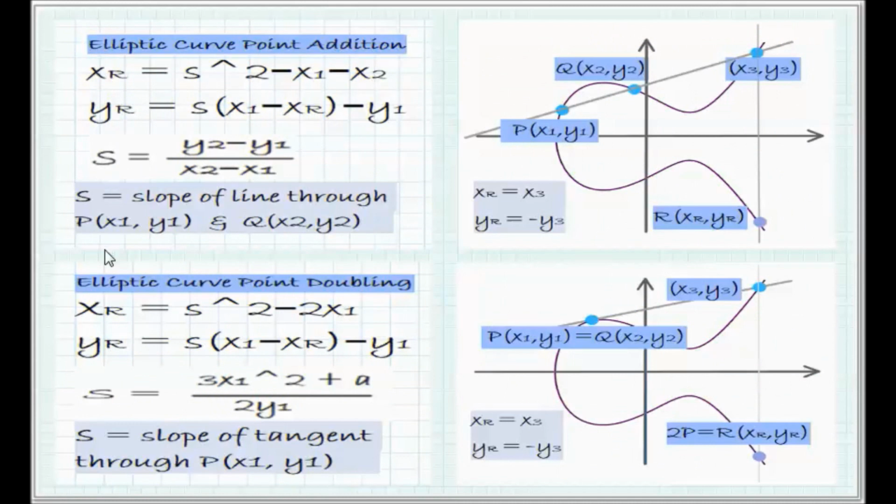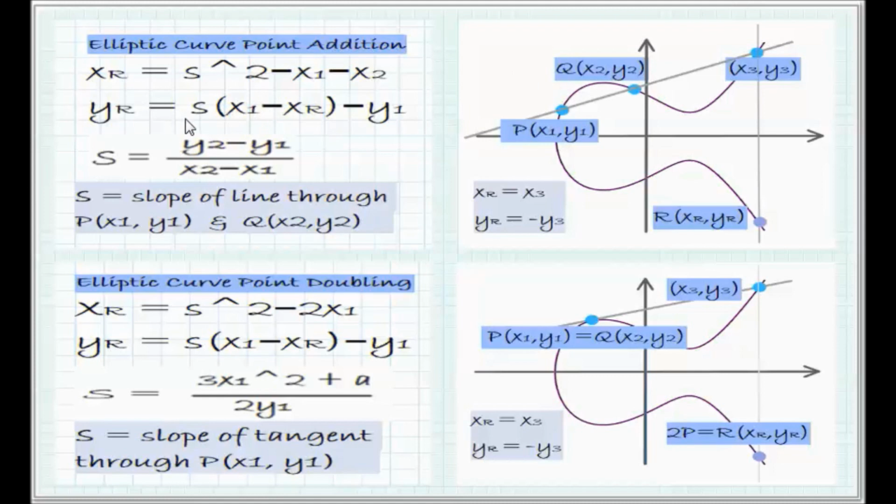So we end up with those equations for elliptic curve point addition, xr, and this is R here, (xr, yr). So xr is equal to s squared minus x1 minus x2. This is (x1, y1) and (x2, y2).